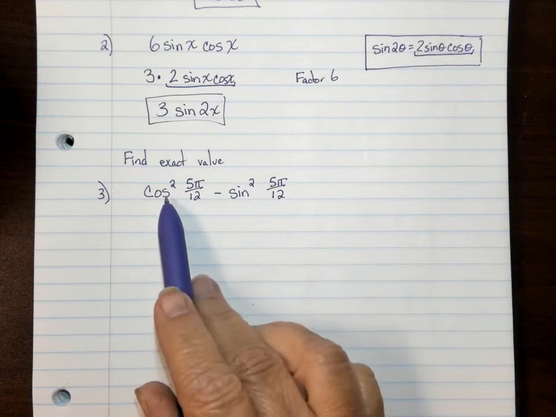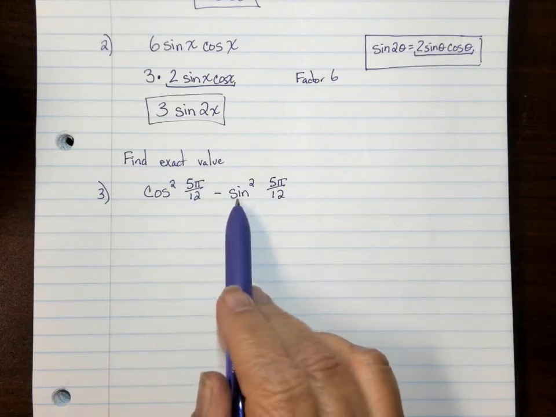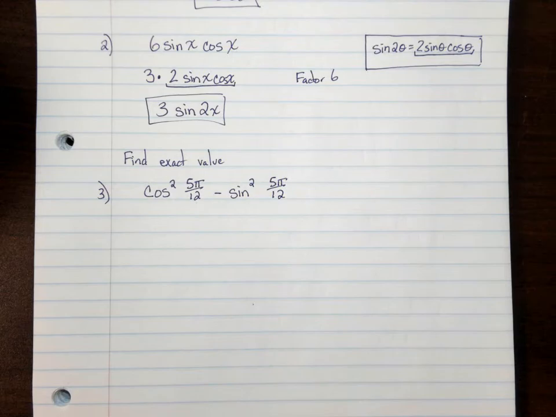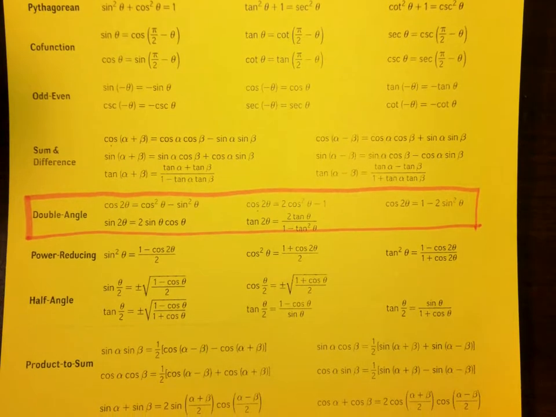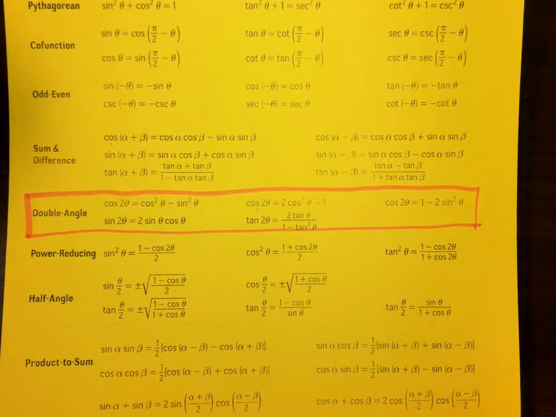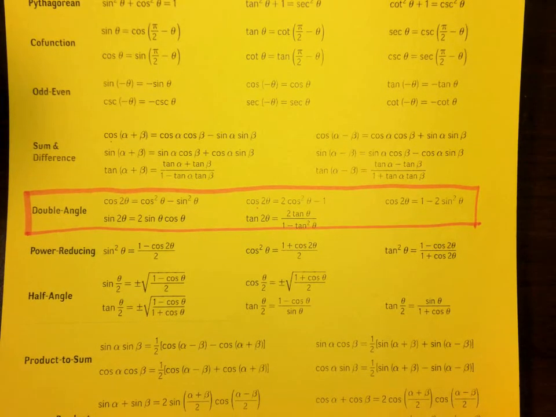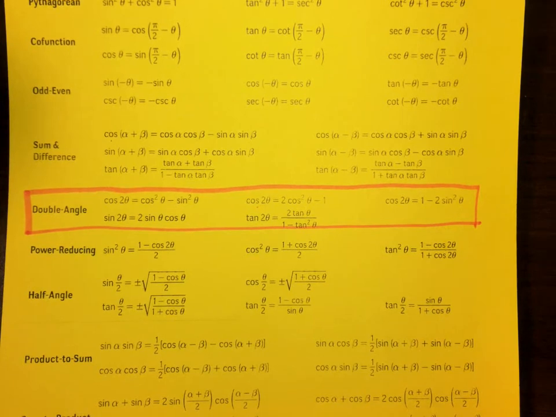So I'm not going to get an exact value if I just rely on my calculator. Alright, so cosine squared of an angle minus sine squared of an angle. Look on your double angle section. Do you see that? Is it on a cosine or a sine?